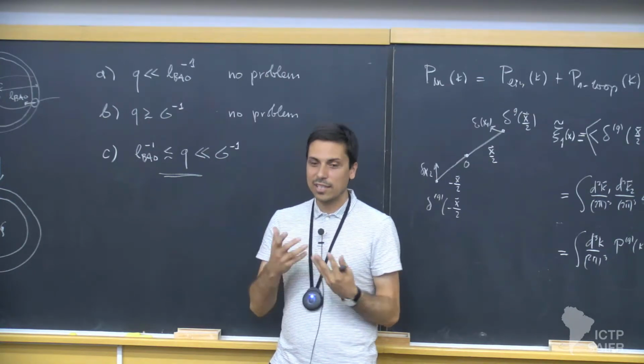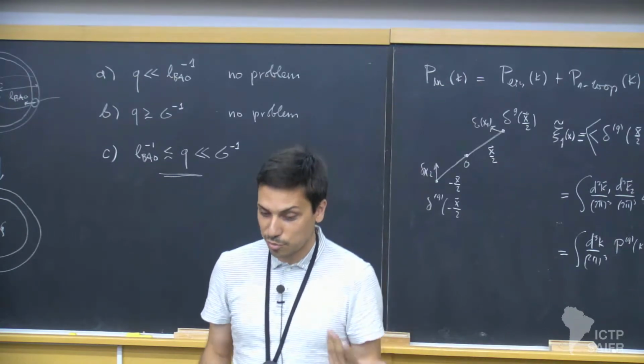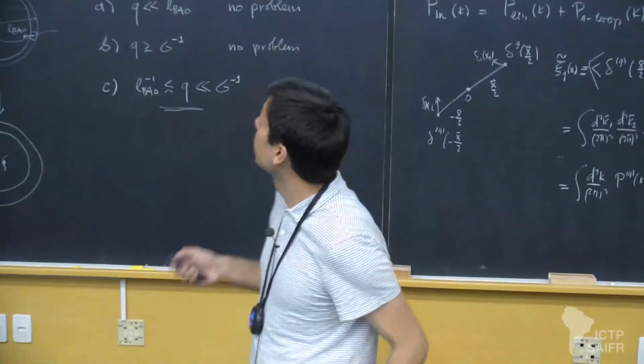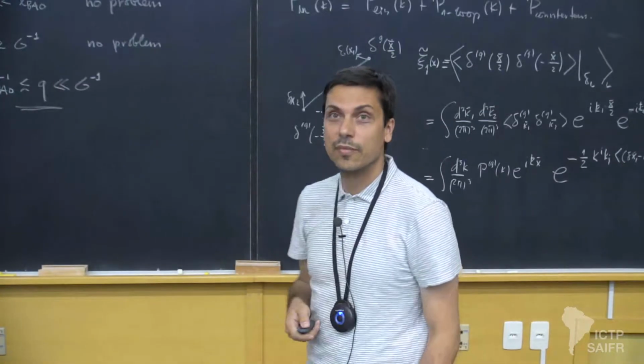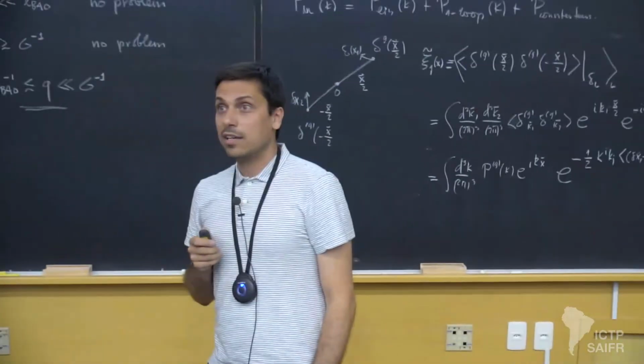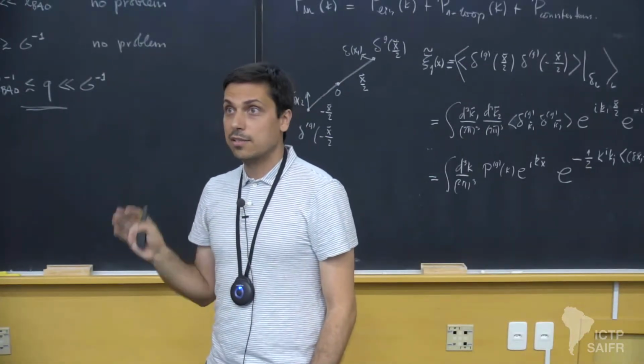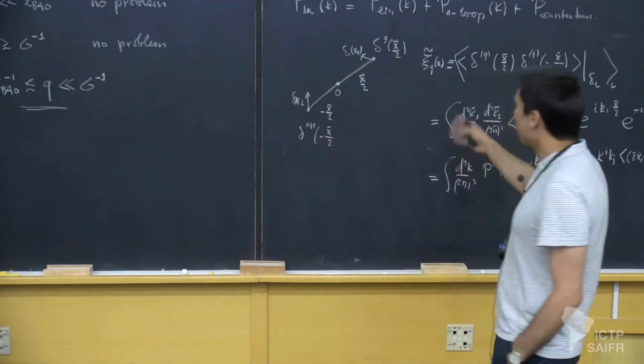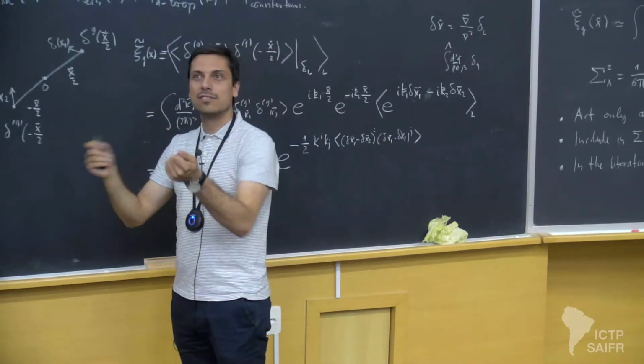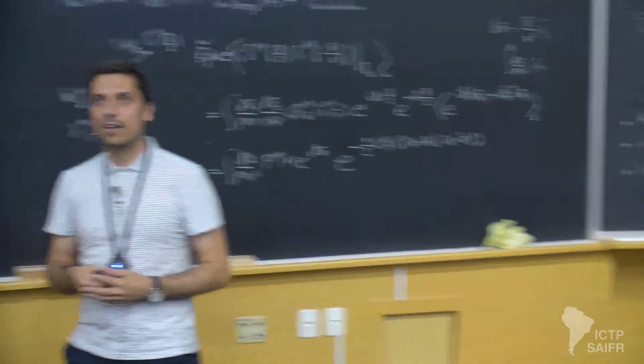Okay? So that is a very nice calculation. I think one of the most beautiful calculations in perturbation theory, in fact, is the calculation of the BAO peak. And so we got it right. And the same logic applies for biased tracers. Everything that I was saying here, in fact, applies to galaxies. It's just simple shifts. There's nothing very complicated.